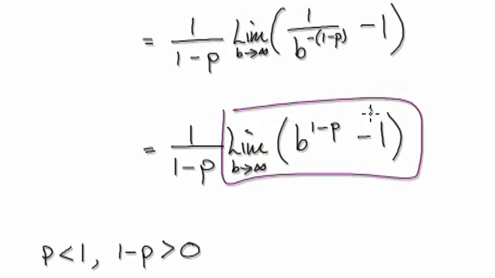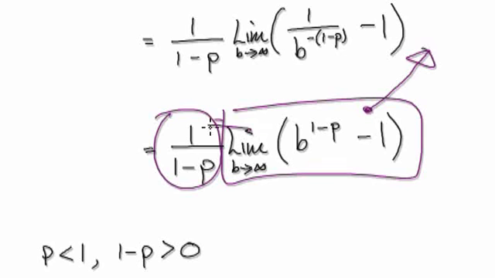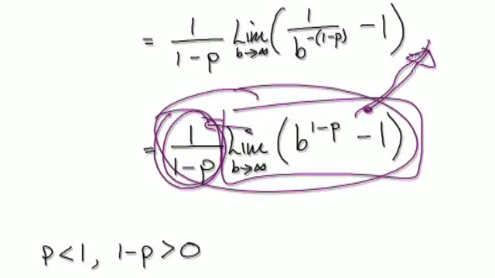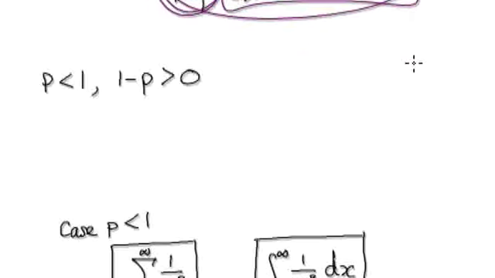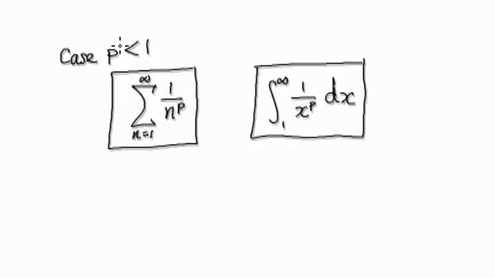So the whole thing here will diverge, meaning it will just get bigger and bigger and bigger. And then you times something that stays constant. So therefore the whole thing will diverge. So going back to here, for p being less than 1, this whole thing here will diverge. Therefore this series will diverge.